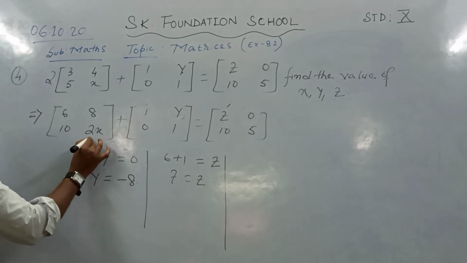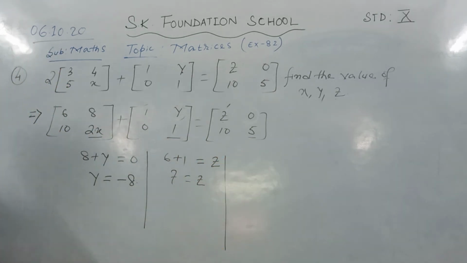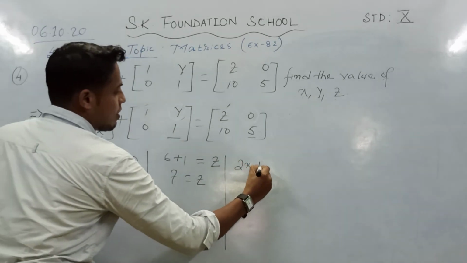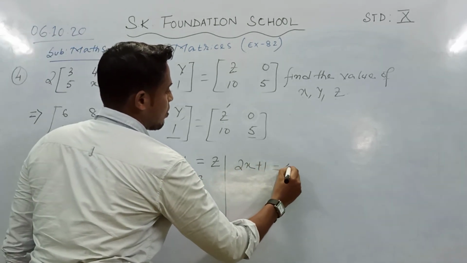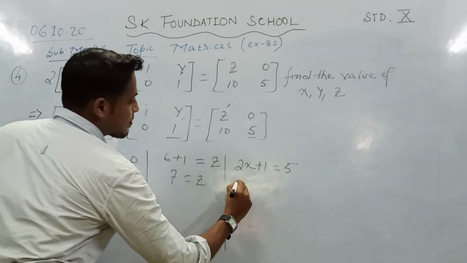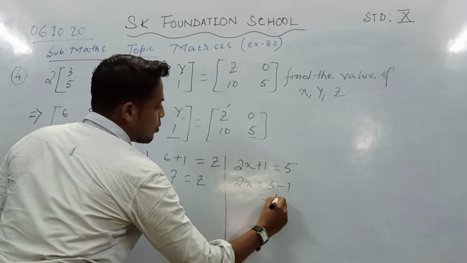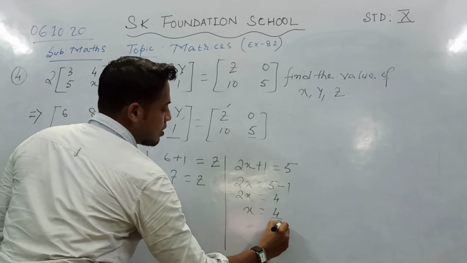Now x: 2x, 1 and 5. So 2x plus 1 equals 5. X equals 5 minus 1, that means 4, so x equals 4 by 2.